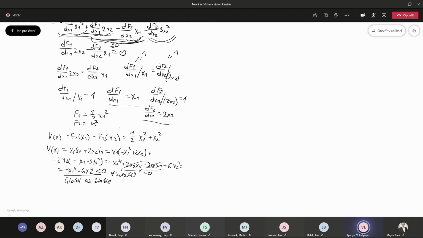x1 dot equal to x2 and x2 dot equal to minus x1 minus x2 cubed, and the same.